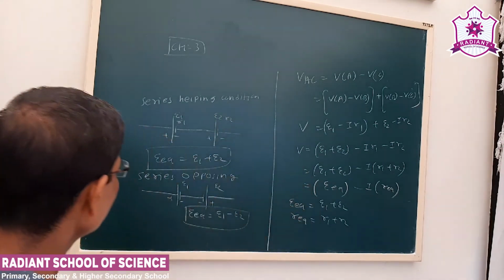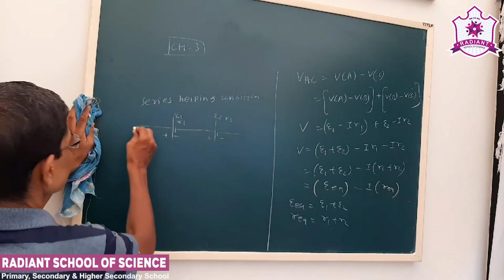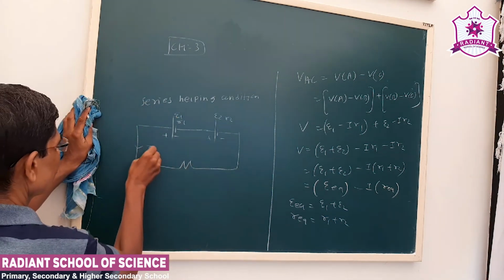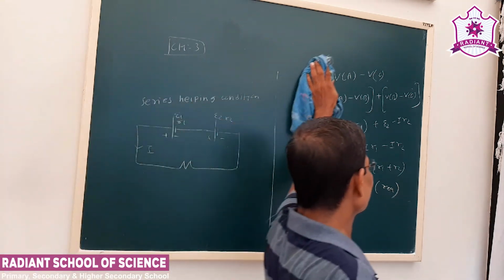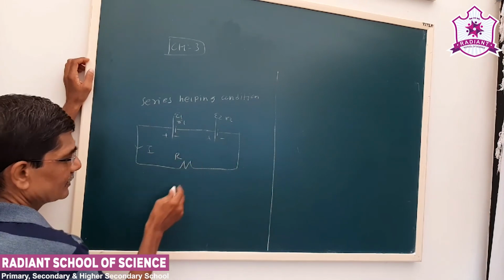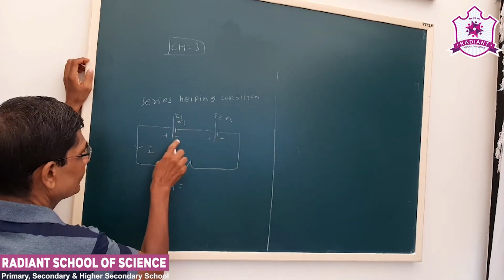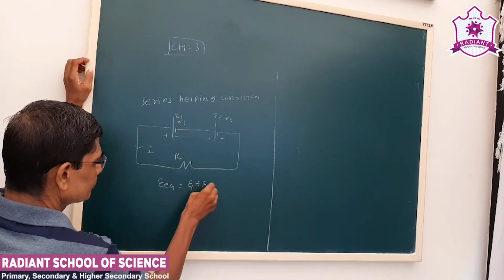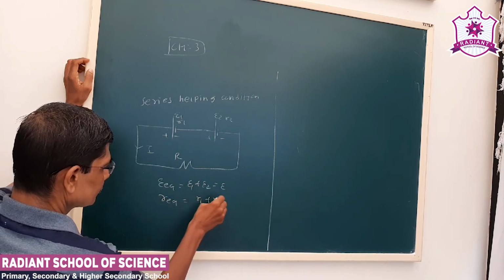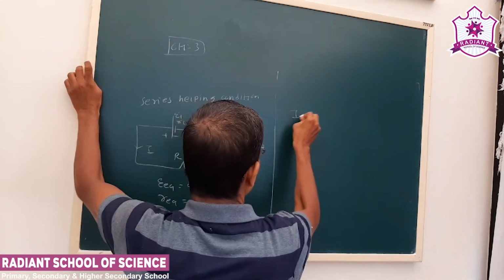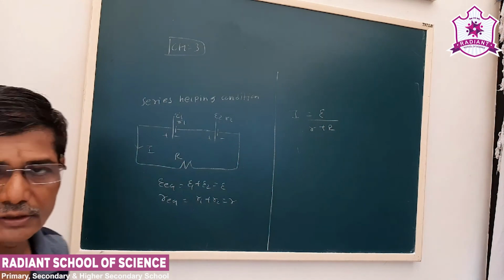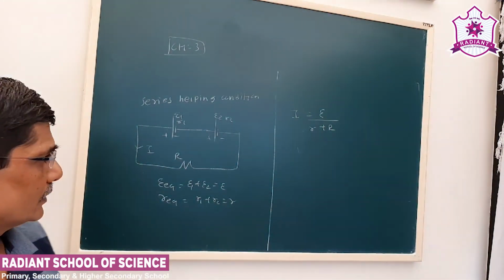So if we have a condition like this, the current is I. How do we calculate it? R is the external resistance, so E equivalent. Again, this is the helping condition. And the current in the circuit will become E upon R plus R equivalent. So this is how we can use it in the examples.